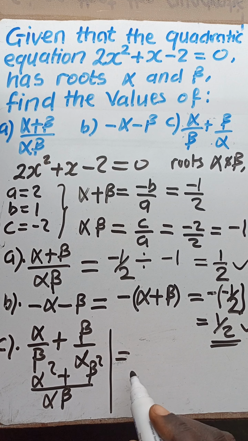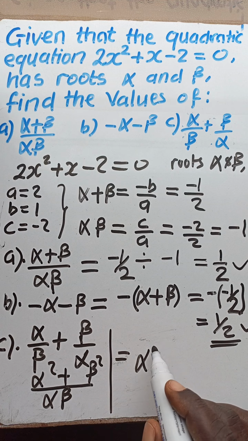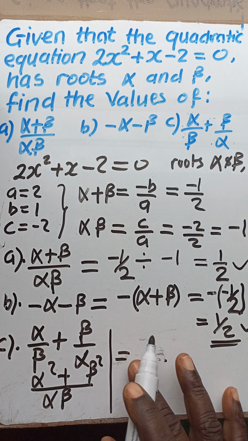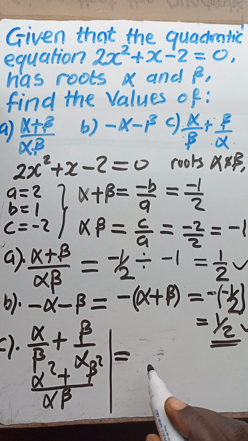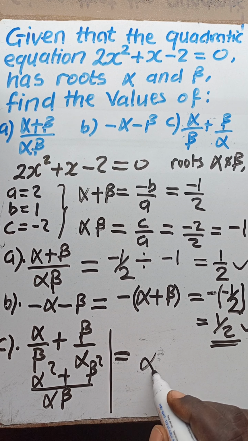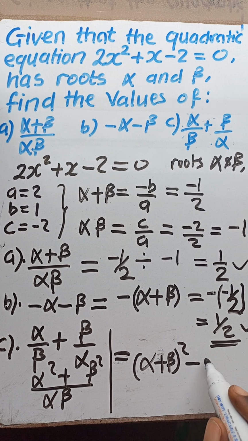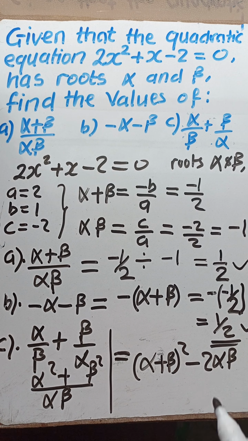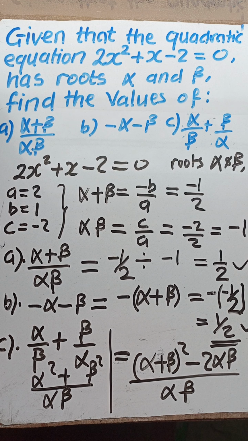Now, this gives us alpha squared plus beta squared. We have the symmetric property of the roots of a quadratic equation, which tells us it should be ((alpha + beta)² - 2 alpha beta) / (alpha beta).